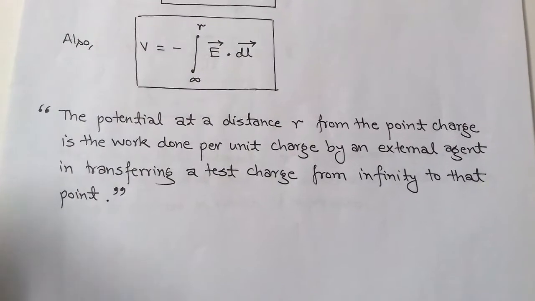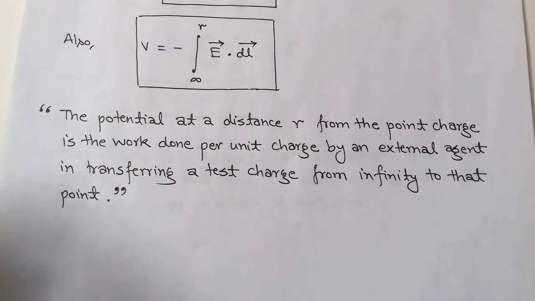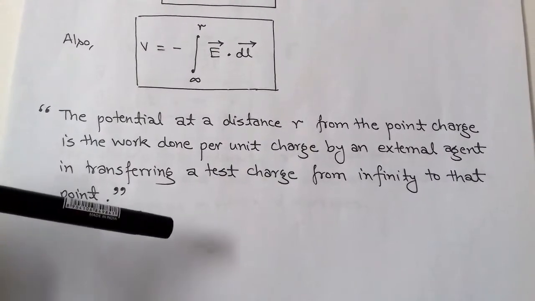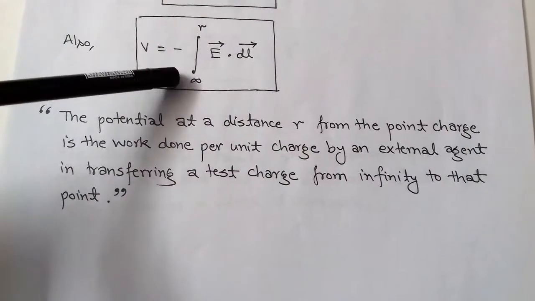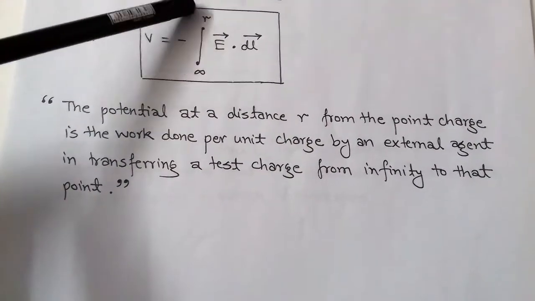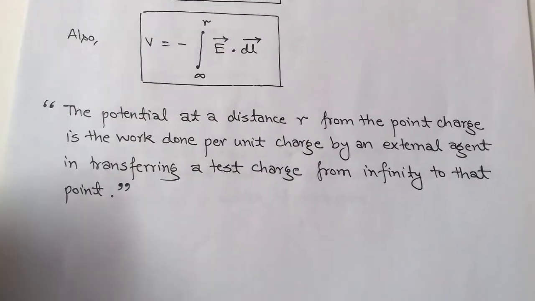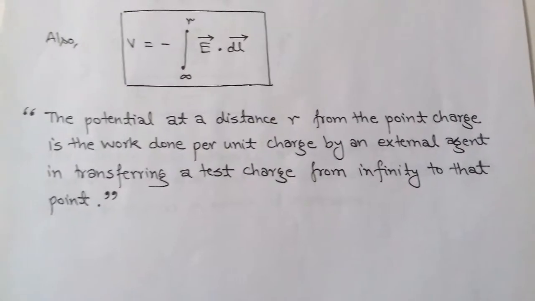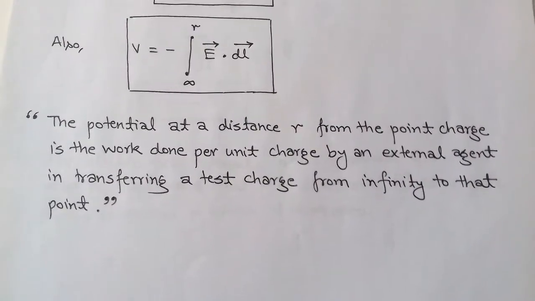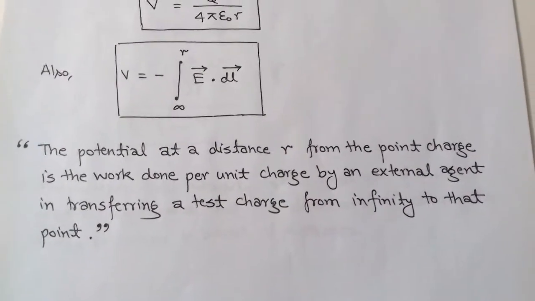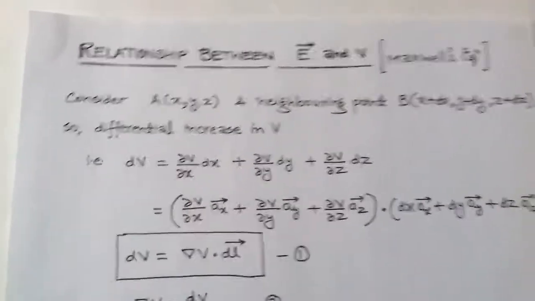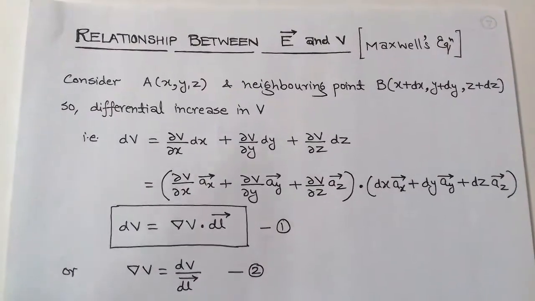Means here the work done is against the electric field. The work is done by the external agent in moving a charge Q from infinity to some point R. So the potential at a distance R is minus the integral from infinity to R of E dot dl.